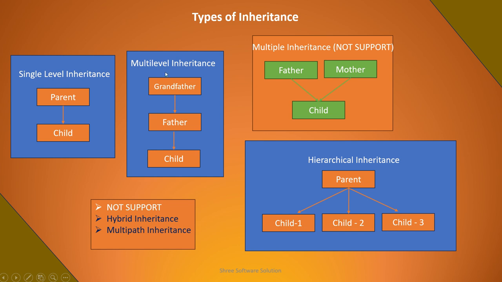After that person, all the properties come to the father, and after this they come to the child. Like that we are comparing with properties in real time, but here we are comparing with the member data and member functions, because this is a class, right?